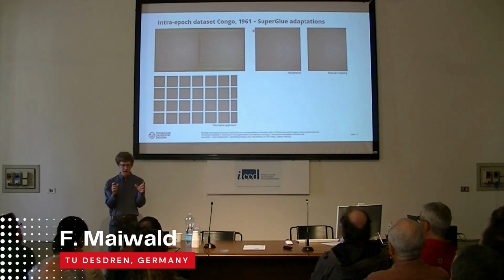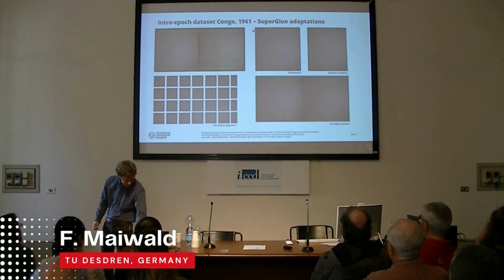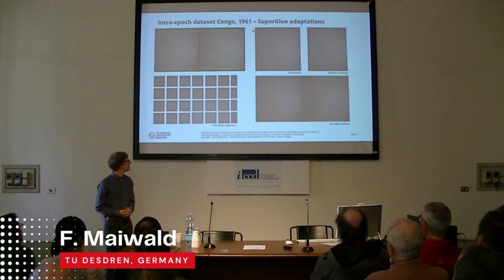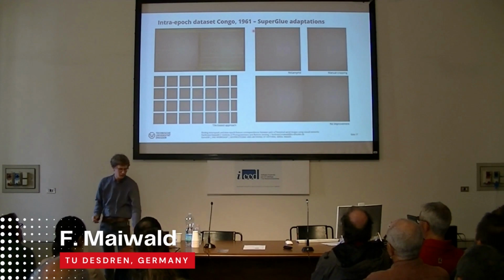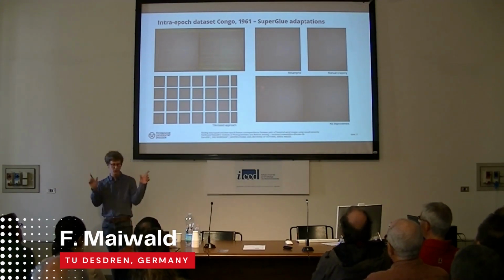I cut out 1,600-pixel tiles from the complete aerial images, and then tried to match these tiles between two different image pairs, but still no better results. As we can see here, we get no improvement, and even if it finds feature matches, they are completely wrong, and mostly these corners are matched.